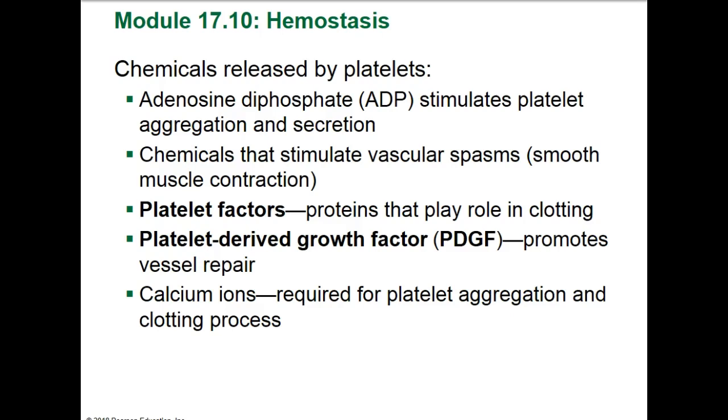Adenosine diphosphate stimulates platelet aggregation and secretion, and these chemicals stimulate vascular spasms. We have platelet factors that are released. These are proteins that will be involved in the clotting process. We have platelet-derived growth factor that promotes vessel repair. Calcium ions are also involved. These are required for platelet aggregation and clotting processes.